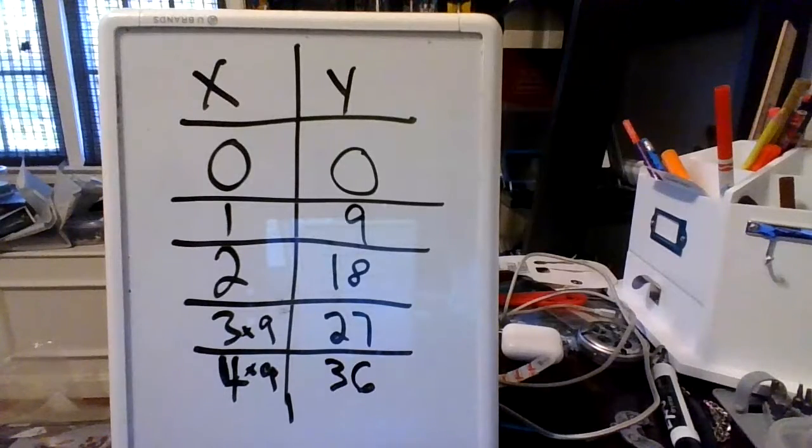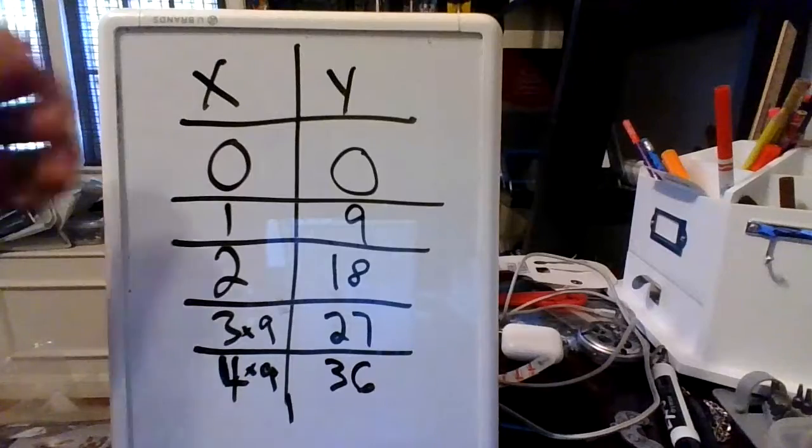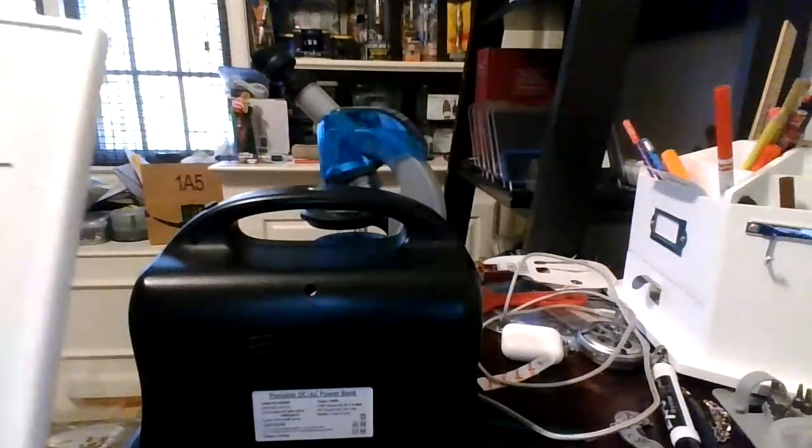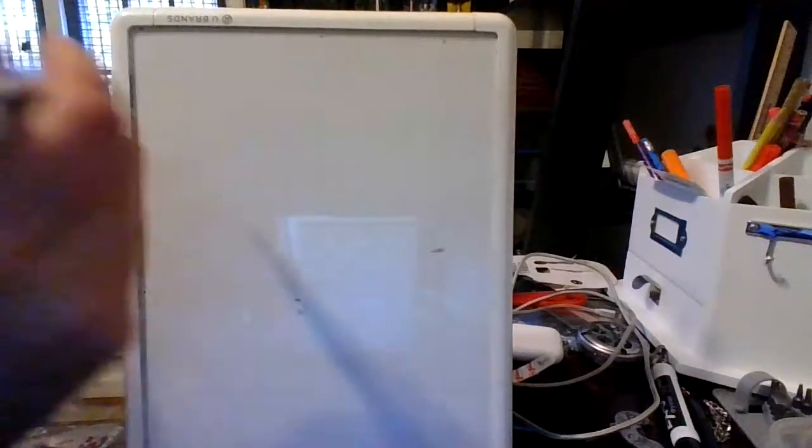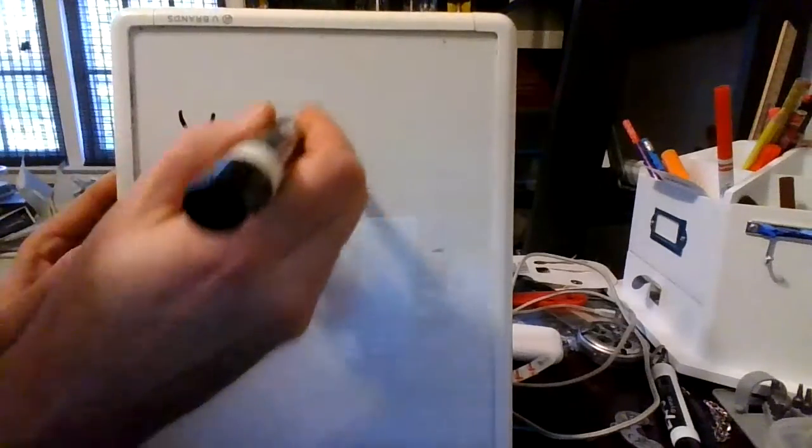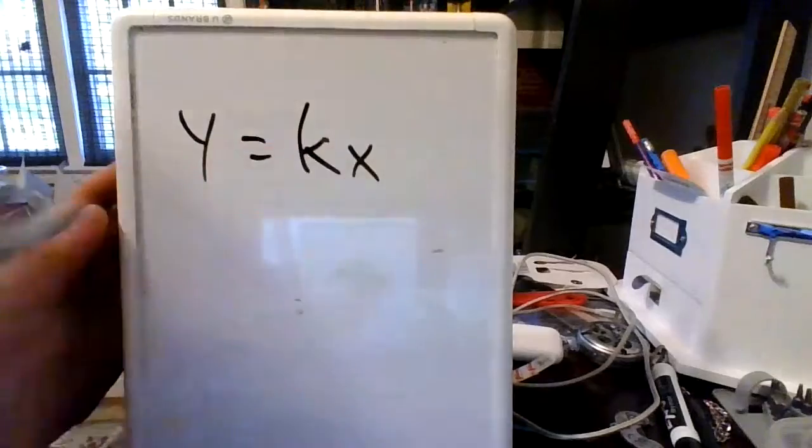Now, from the table, I can do my equation. Remember that the equation is y equals kx. Every equation is y equals kx, where k is the constant.